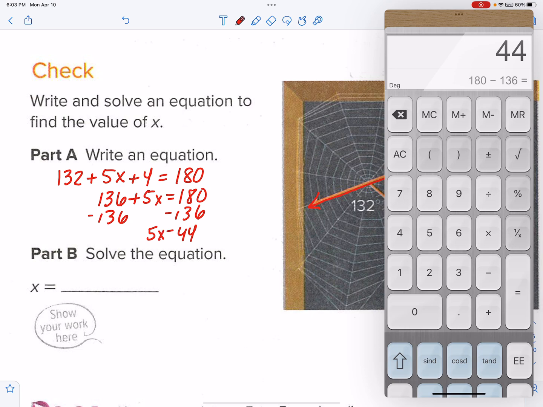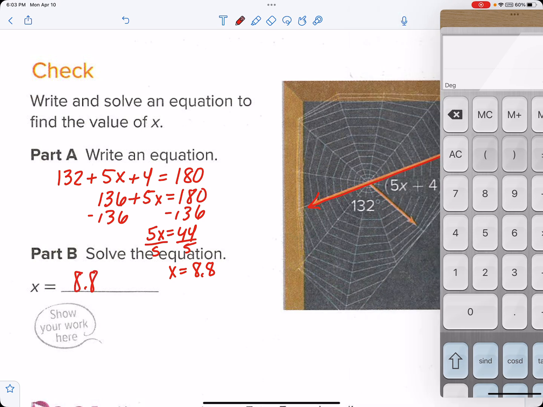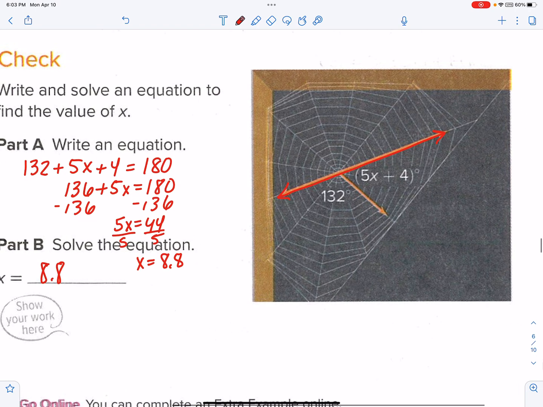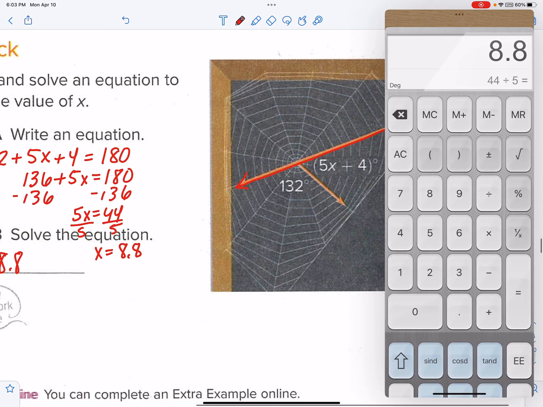And so 5x equals 44. Divided by 5, and we get x equals 8.8. I guess I could put it right in that spot. And that's just what x equals. And so if I did want to actually solve for this side, I could plug in 8.8, or we know that we could just do 180 minus 32.